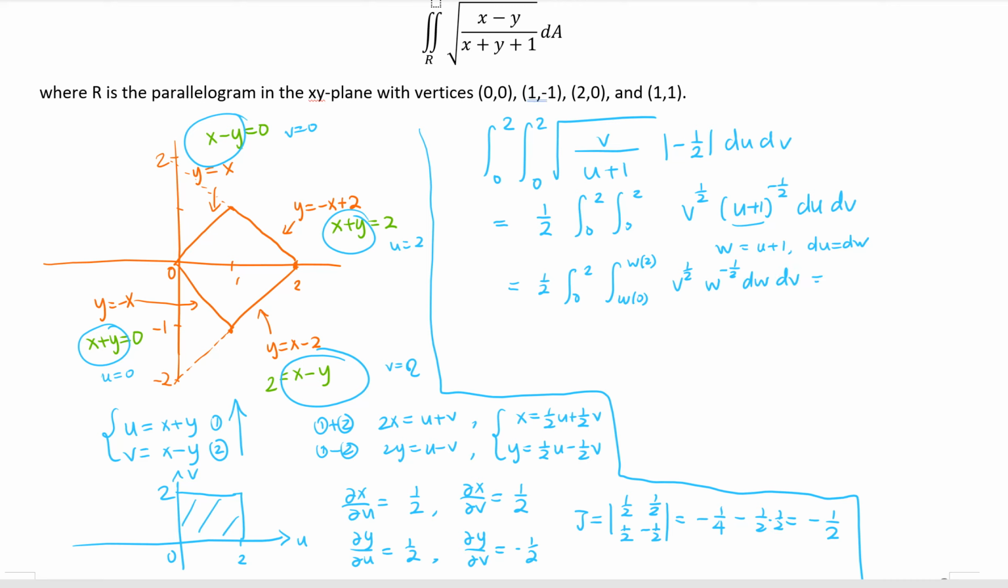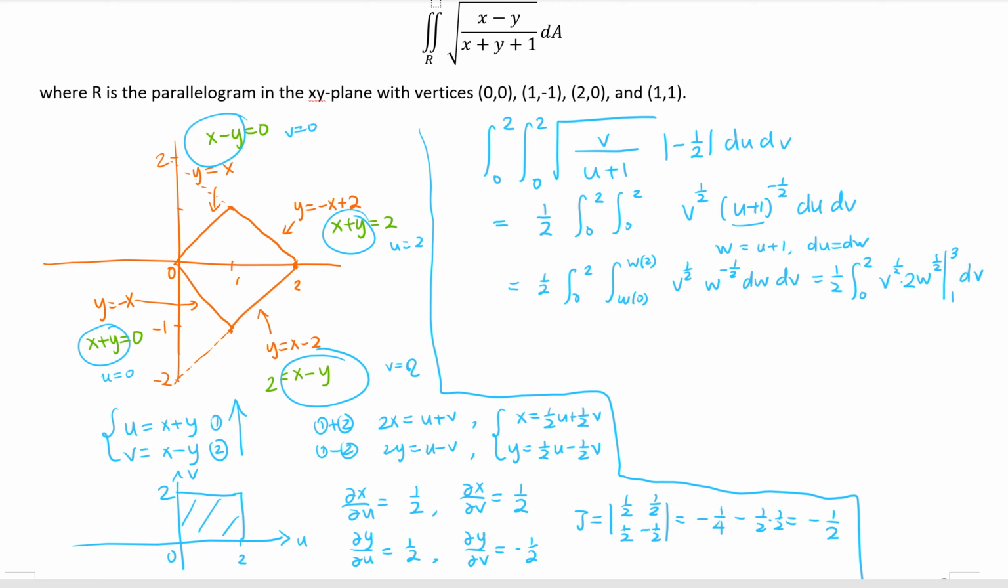Okay, now let's see what it is. V to the 1/2 stays there. W to the minus 1/2, we add 1, we get w to the 1/2, and then divided by 1/2 is the same as times 2. Evaluate. What's w of 0? Well, u is 0, so 0 plus 1 is 1. W of 2, 2 plus 1 is 3.